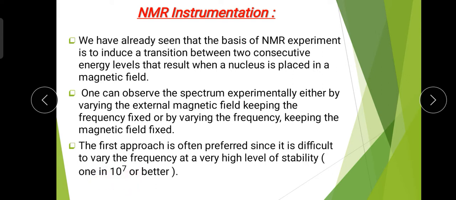So the second way is not preferable, but the first way is most often used, that is we vary the external magnetic field keeping the frequency fixed. This method is also used in an NMR spectrometer.